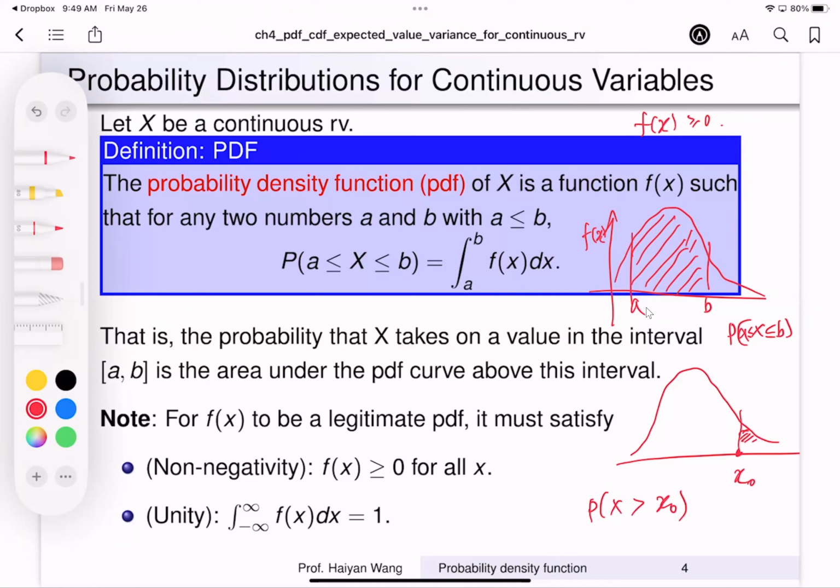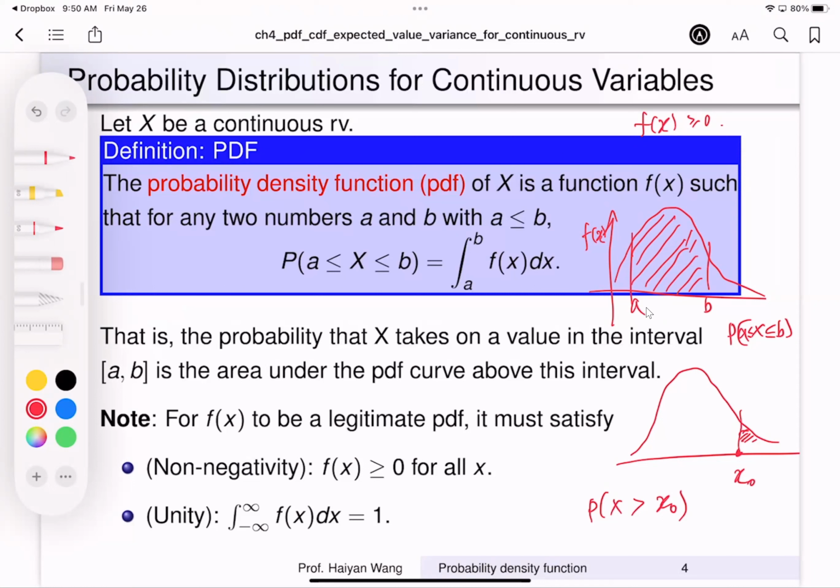The next one is since the integration on the interval gives us probability, if we consider the lower bound to be negative infinity, upper bound to be positive infinity, then the integration will give us the total probability for all the scenarios, all possibilities. Therefore, this should be 1.